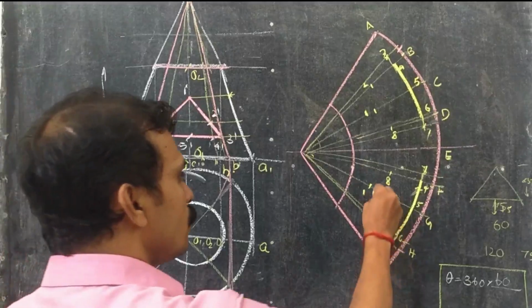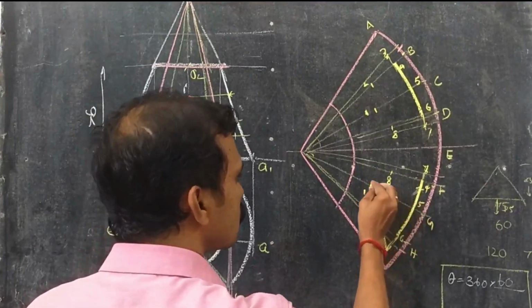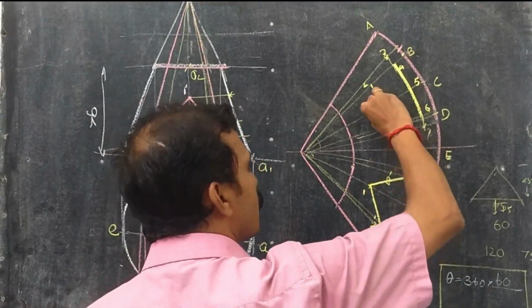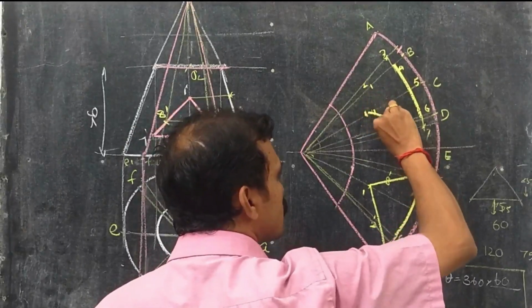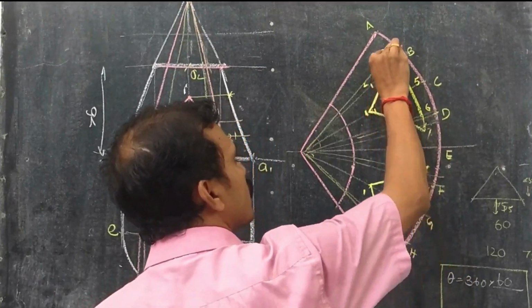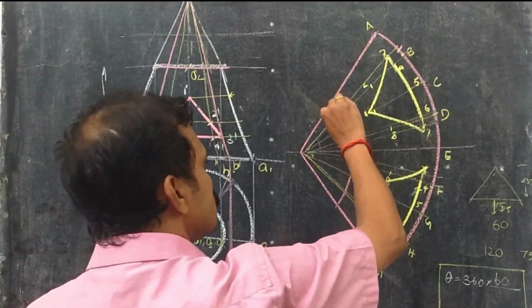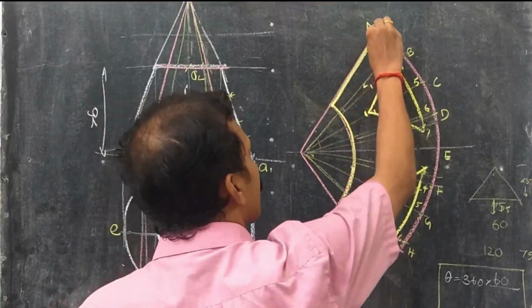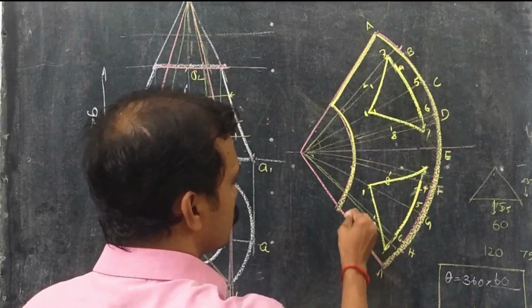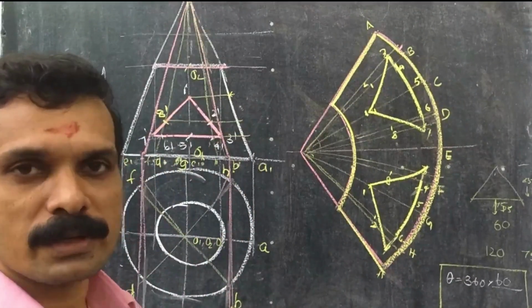Okay, now you can complete this. You can draw this as a curve like this. You will get a curve like this. So this is the corresponding development.